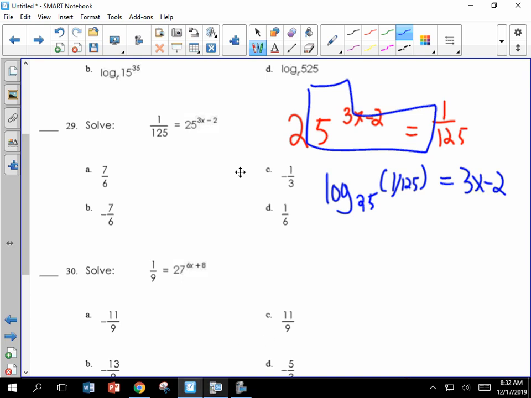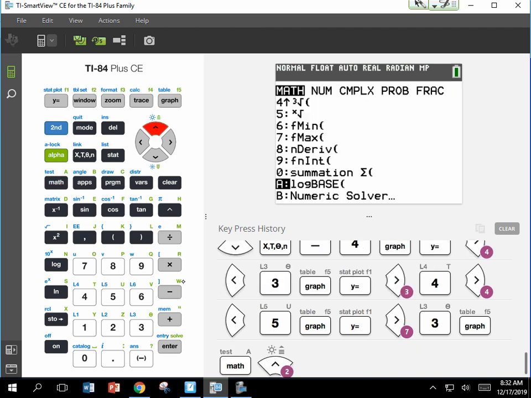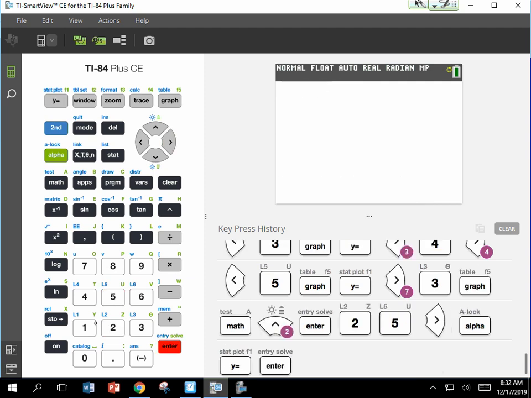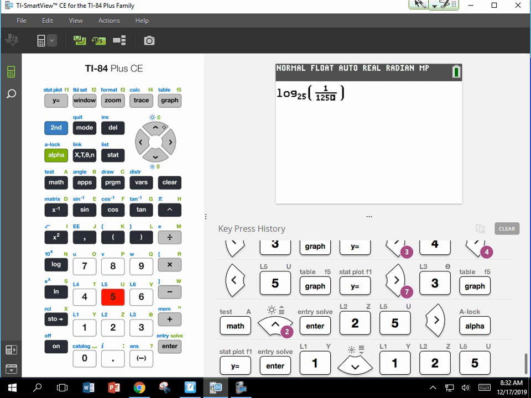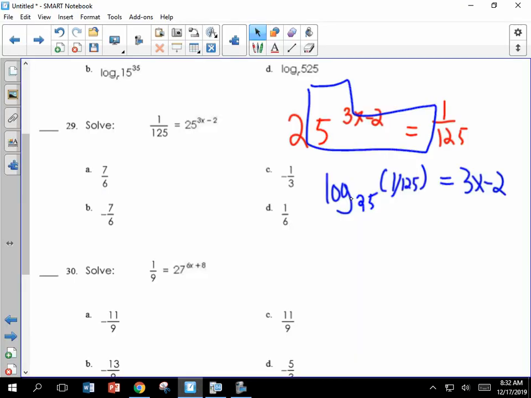When I type that into my calculator, math, go down to log base, 25, and then I think most of you are used to using alpha y equals, so we'll just stick to that. Hit enter, negative 1.5, perfect.